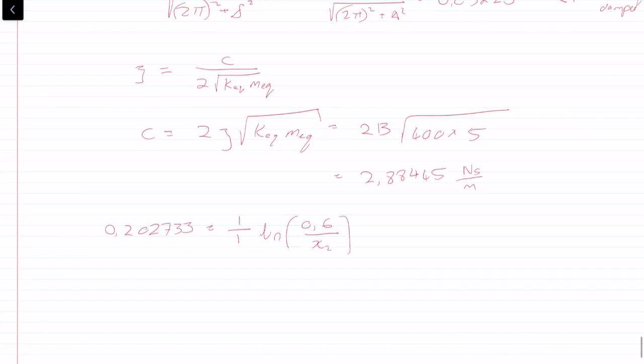What we're going to do is raise both sides to the power of e. So we have e to the power of 0.202733 is equal to 0.6 over x2. So we can solve for x2.